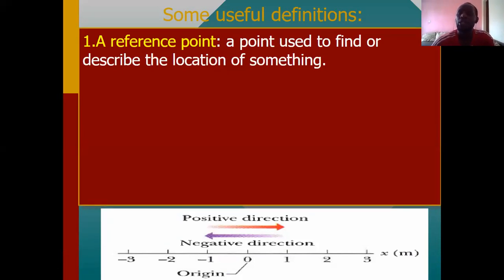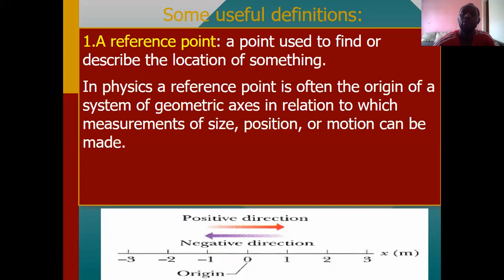You cannot say that the object is moving or not without having a reference. A reference point is used to find or to describe the location of an object. In physics, a reference point is often the origin of a system of axes.